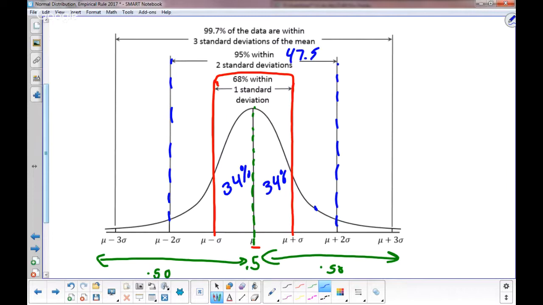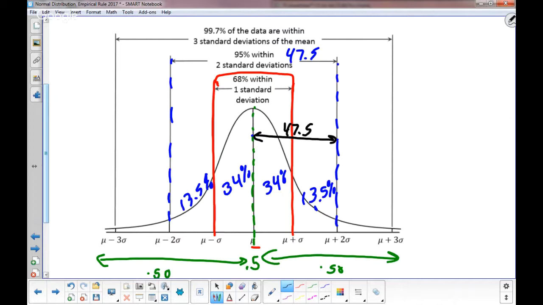Well, this part is 34, and the mean to the second standard deviation is 47.5. What's left of it? You just subtract, 47.5 minus 34, and you end up with 13.5%. And because it's symmetric, it's going to be 13.5% here.